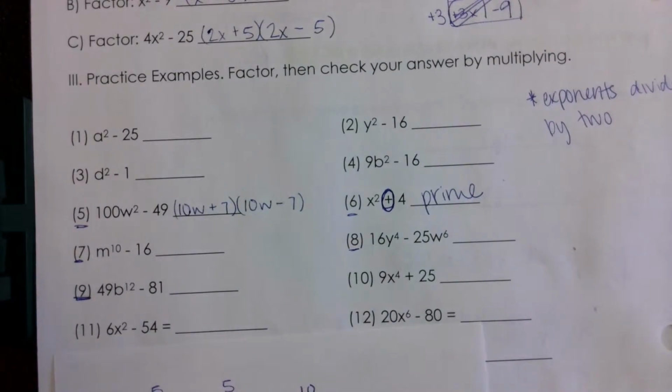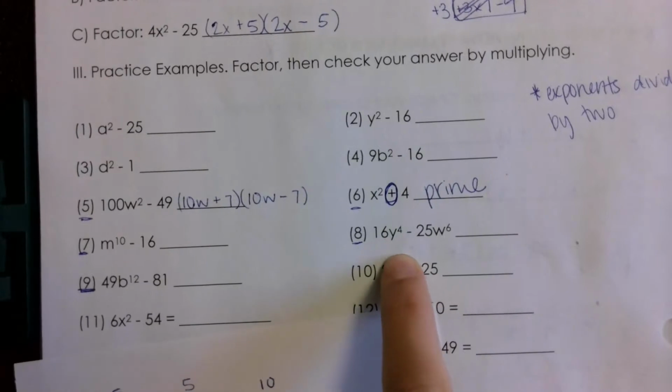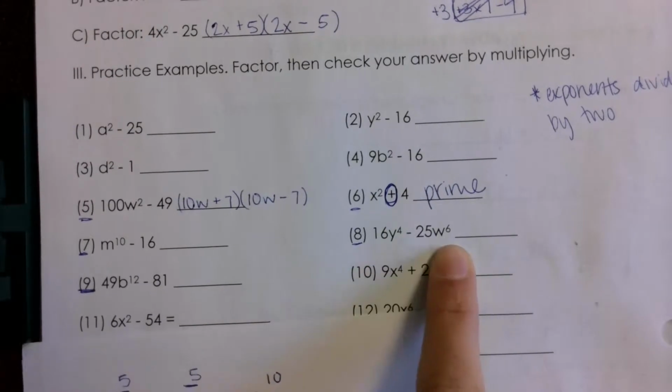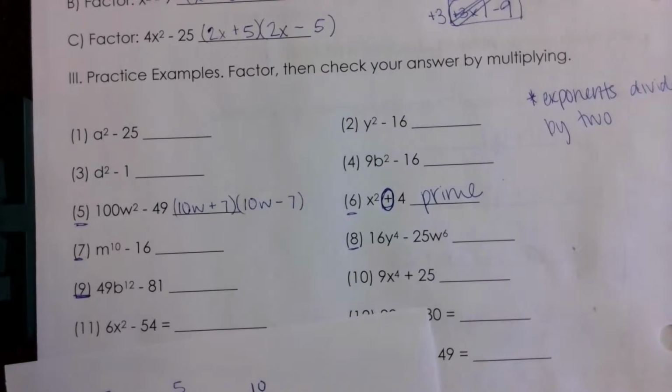So as long as your exponent is divisible by 2, or like an even number, then it'll be a perfect square. So if we have y to the 4th, is that going to be a perfect square? Yeah. If we have w to the 6th, will that be a perfect square? Yeah. What if we have b to the 3rd? No, that wouldn't work out. Is that okay? So it's just got to be an even exponent. You got to divide them by 2. Got it? Good? Questions?